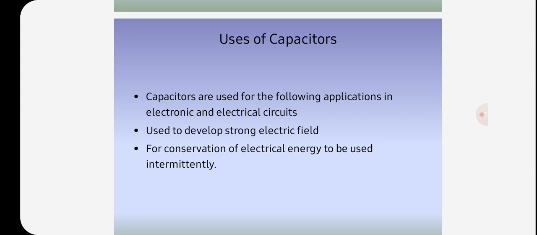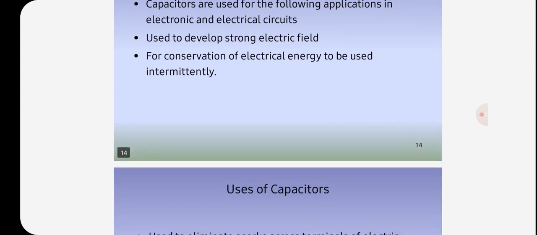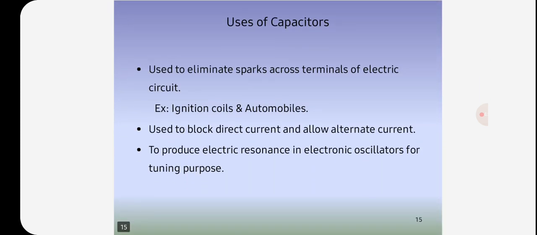Capacitors are used in electronic and electrical circuits for the following: to develop a strong electric field, for conservation of electrical energy to be used intermittently, to eliminate sparks across terminals of an electric circuit. Example: ignition coils in automobiles.